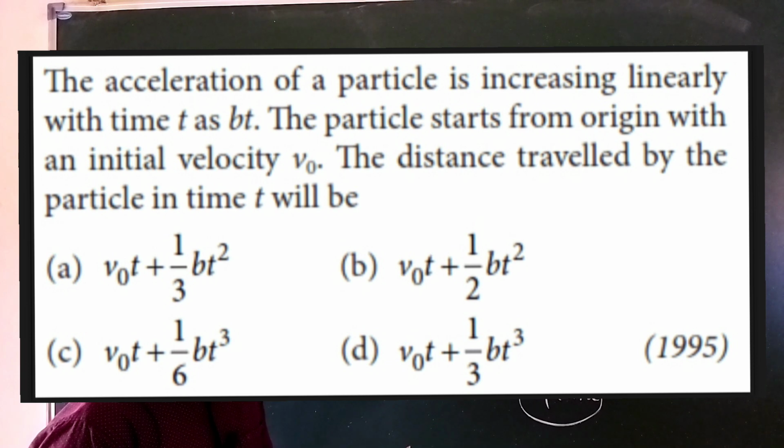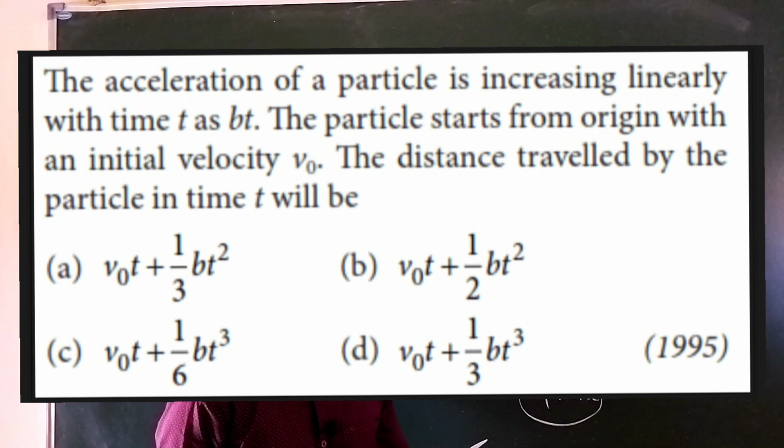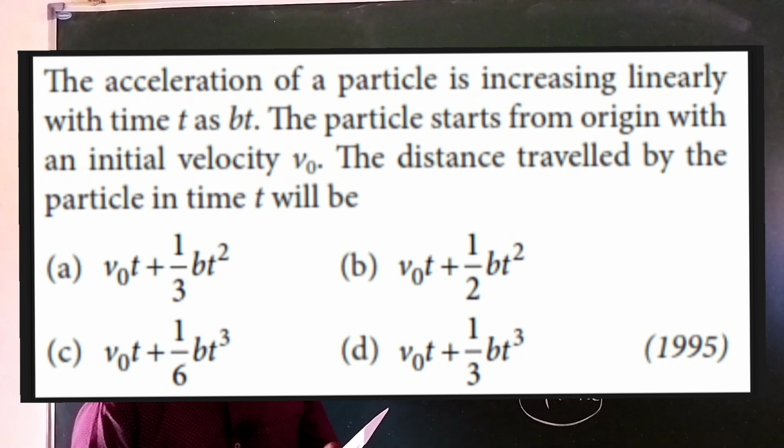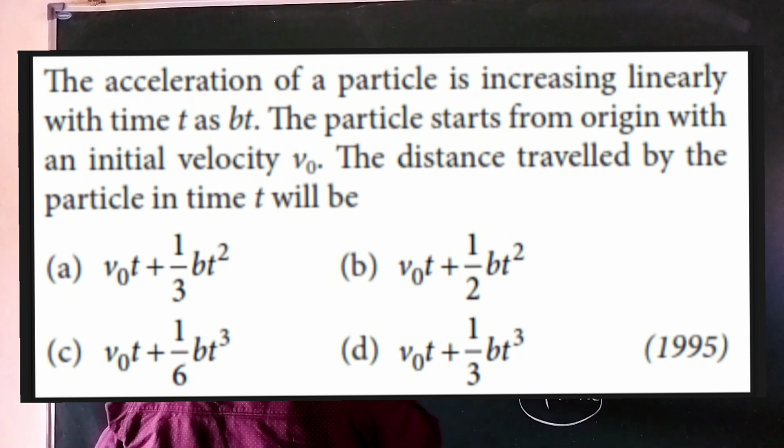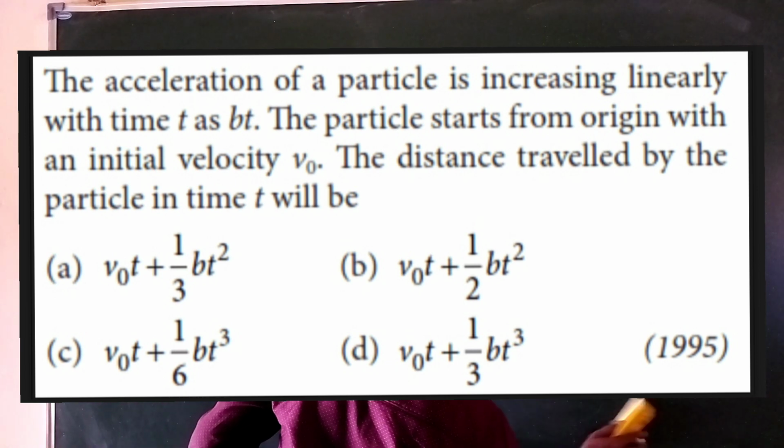The acceleration of a particle is increasing linearly with the time t as b into t. The particle starts from origin with an initial velocity v naught. The distance traveled by the particle in time t will be. So once again, listen here.